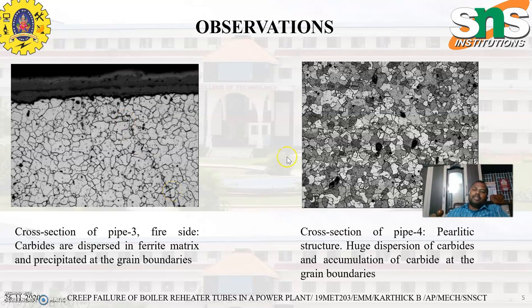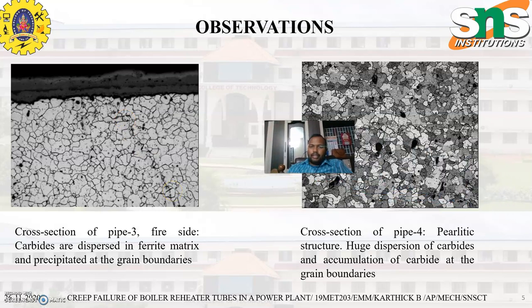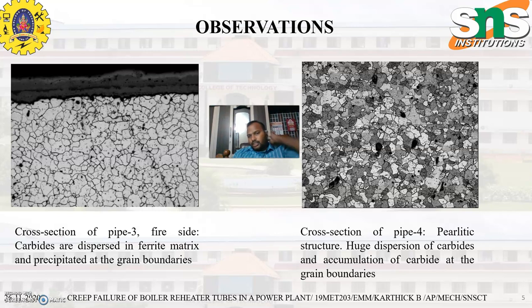Looking at it in the microstructure, you can see this is a pearlitic structure with a huge dispersion of carbides. These black areas are the huge carbide precipitation accumulated in the grain boundaries.